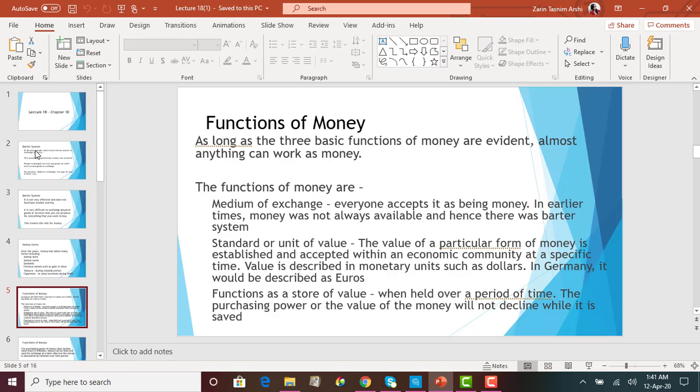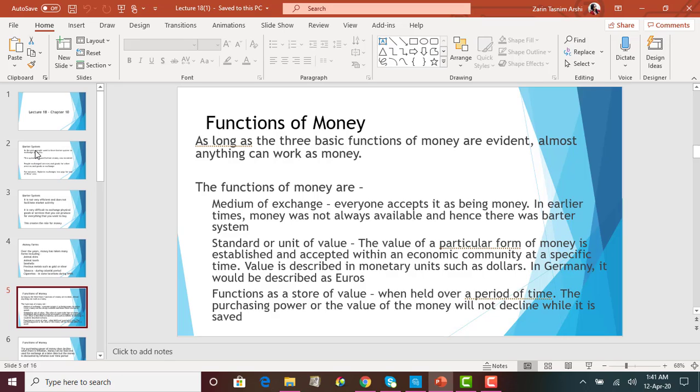With $1 we can buy so much in goods, with $20 we can buy so much in goods. So there is a value associated with the dollar. A $1 bill has a $1 value, a $20 bill has a $20 value, and in Germany or in Europe it's euros. So there has to be a unit as well as a value of that money. That's the second function.